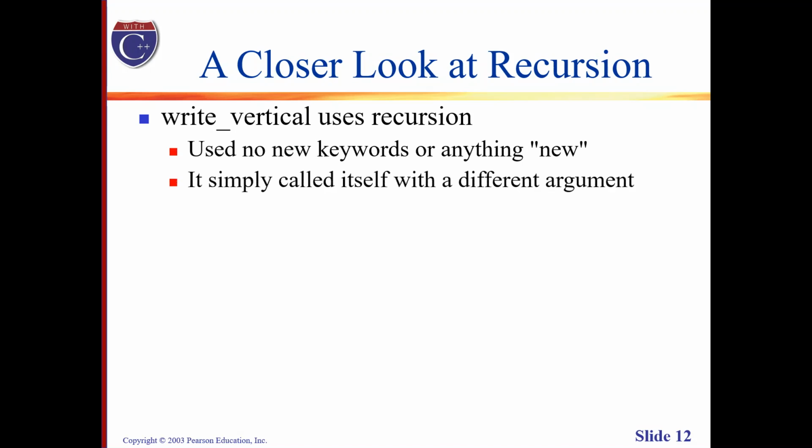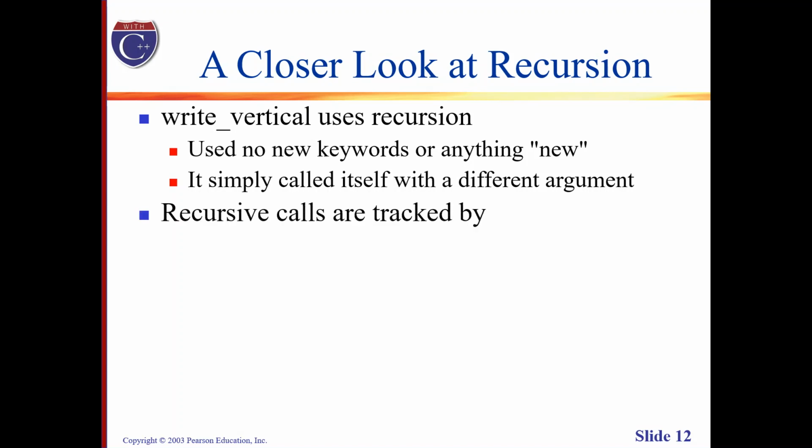If we take a closer look at our recursion, there were no new keywords used. What happened is it simply called itself with a different argument for each iteration or recursive call.